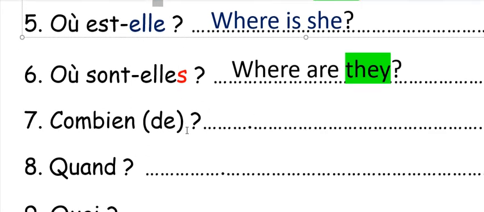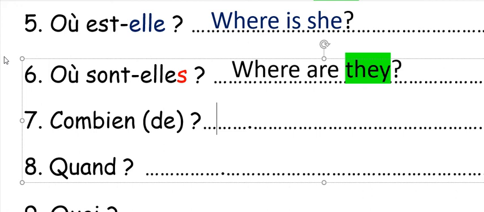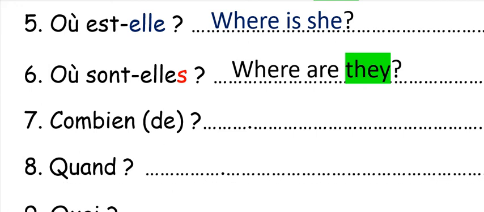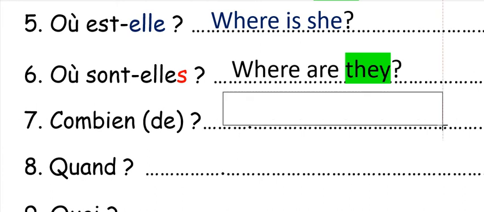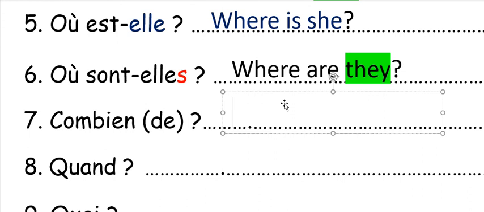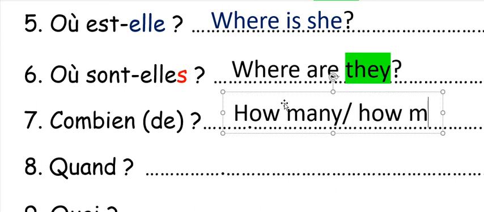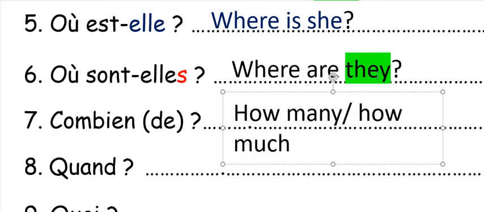Okay, let's continue. We have a very powerful question word here, combien. It's a common question word. We always use it, especially when we can buy something. Combien is how many or how much?